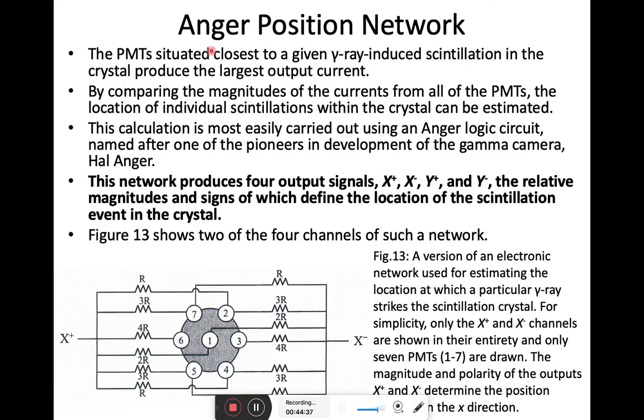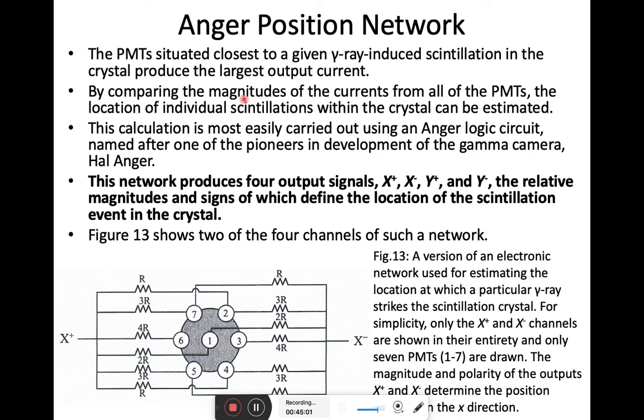So let's talk about the Anger position network. The PMTs situated closest to a given gamma ray induced scintillation in the crystal will produce the largest output current.